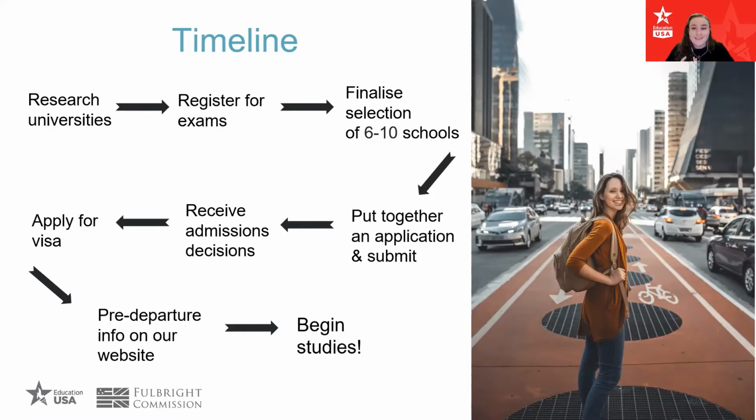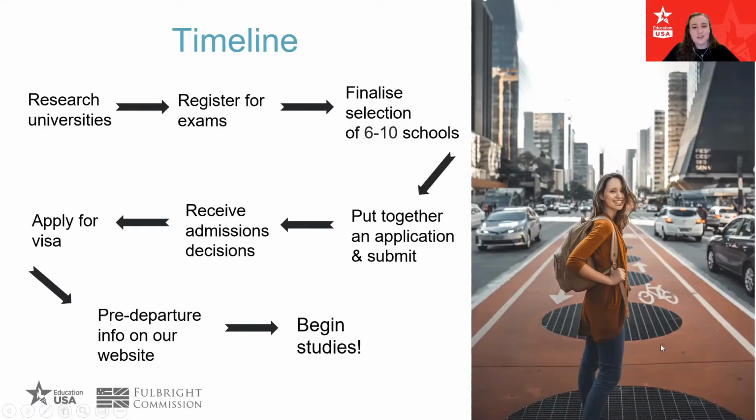You'll then come back to us to tune into our pre-departure webinar, and pre-departure information can be found on our website, just to make sure that you're 100% ready to go and know what to expect. And then usually a little bit earlier than here in the UK, kind of mid-August, early September, you will head over to the US to begin your studies.